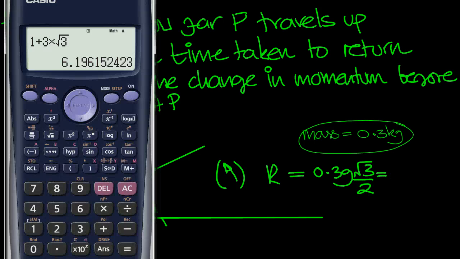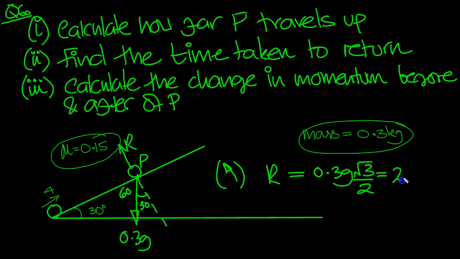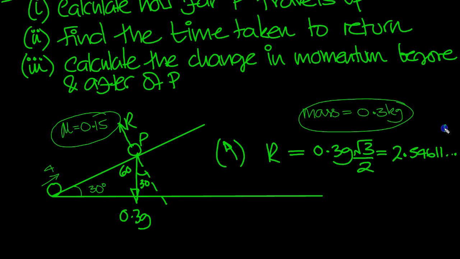So let's get the reaction force then. 0.3 times 9.8 times the square root of 3 divided by 2 is 2.54611. So there's the reaction force, in newtons.